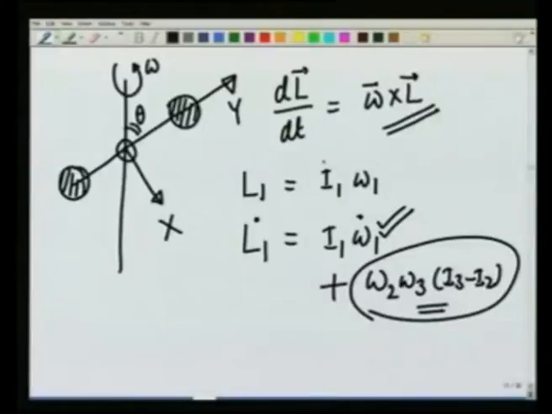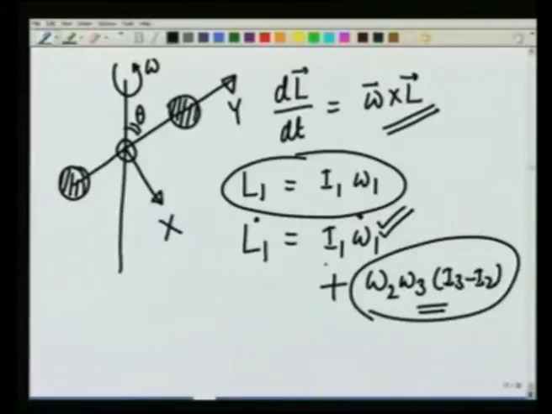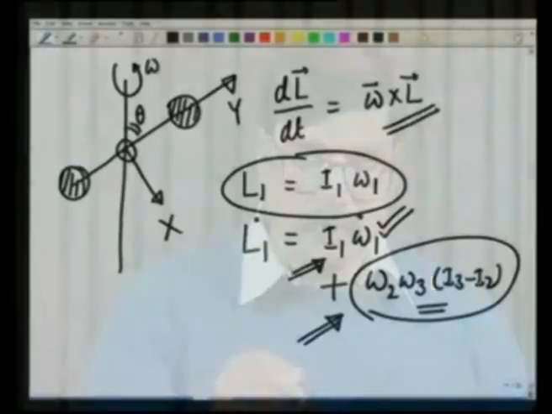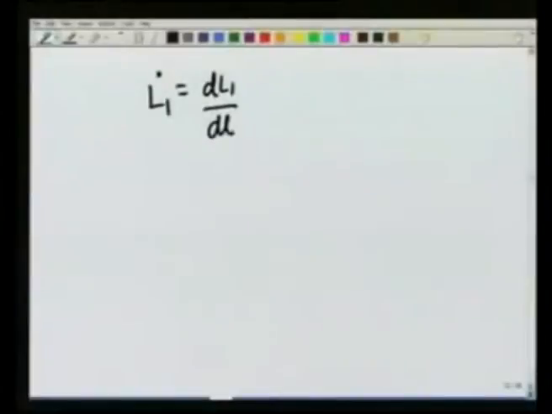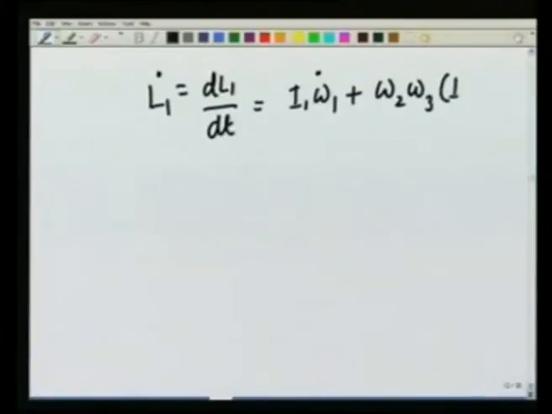So notice L1 itself is only I1 omega 1, but when we take its change, it is caused both by the change in omega and by the rotation of L vector around omega vector, and therefore in general I am going to have L1 dot, which is same as dL1 dt, is equal to I1 omega 1 dot plus omega 2 omega 3 (I3 minus I2).